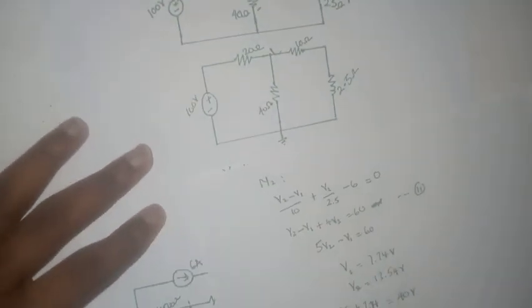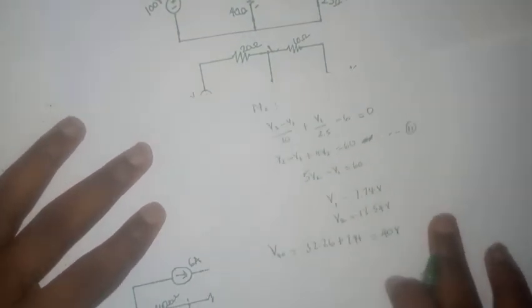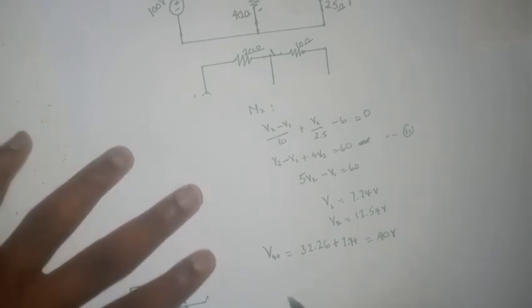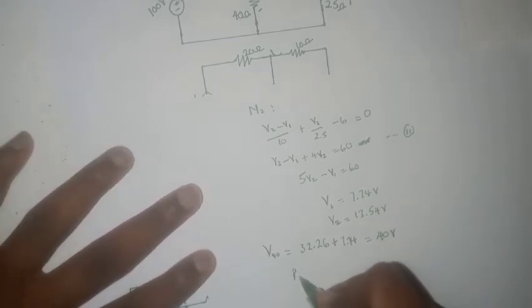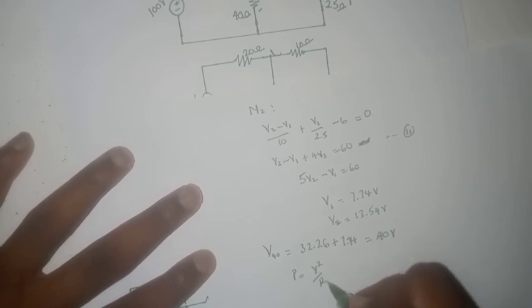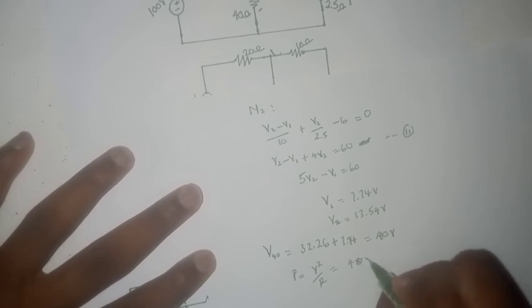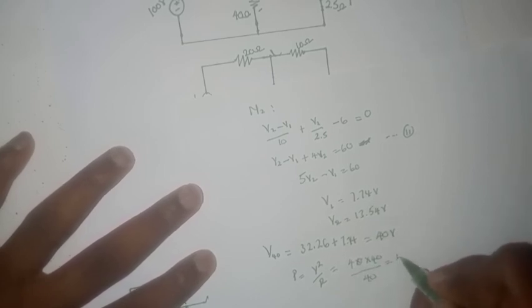The next thing we want to do is compute the power dissipated. So P equals V squared over R. So we can say 40 times 40 divided by 40, all equals 40 watts.